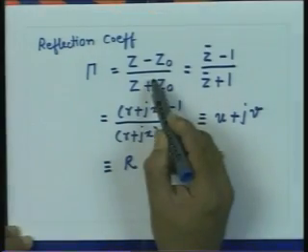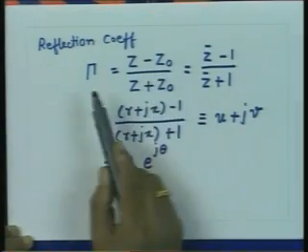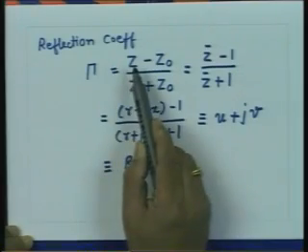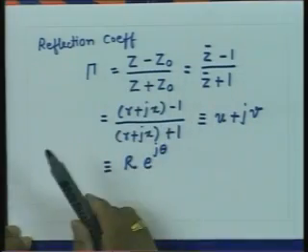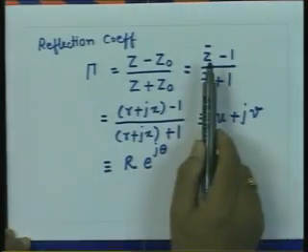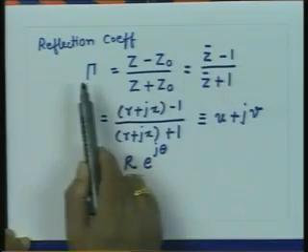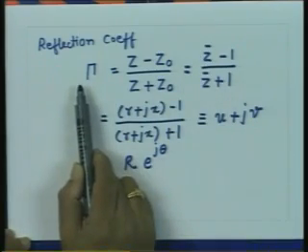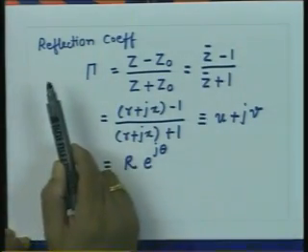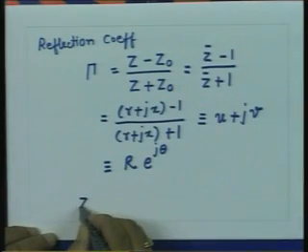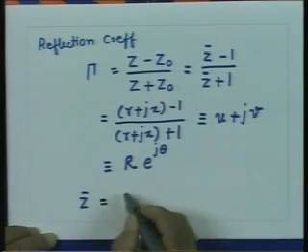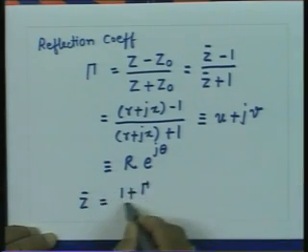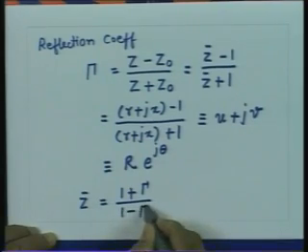Using this expression, we now have a one-to-one correspondence between the reflection coefficient and the normalized impedance. If you know the normalized impedance, we can find the reflection coefficient. I can invert this relationship and get the normalized impedance Z equal to 1 plus gamma divided by 1 minus gamma.